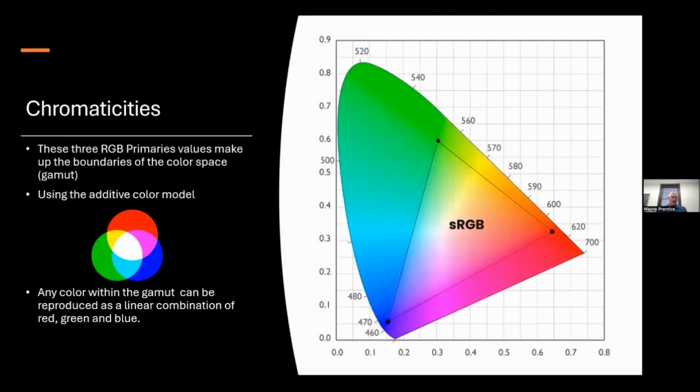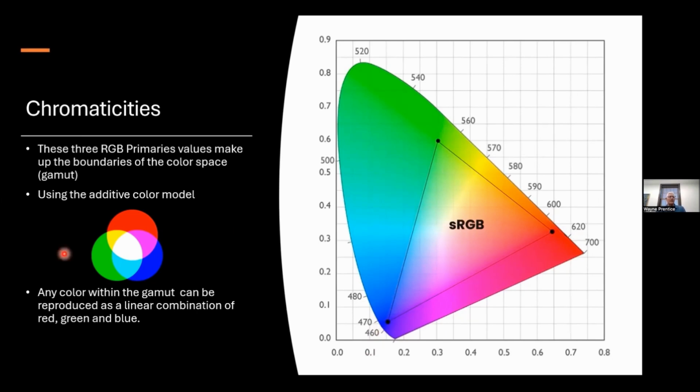The color space sRGB uses red, green, blue primaries, and that uses what we call an additive color model. These three corners of the triangle represent the red, green, and blue values. And being an additive color space, anything that's inside this triangle is called the gamut, and anything inside this triangle can be reproduced using these three colors.